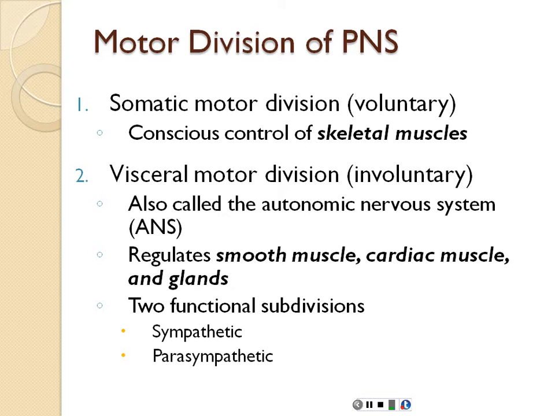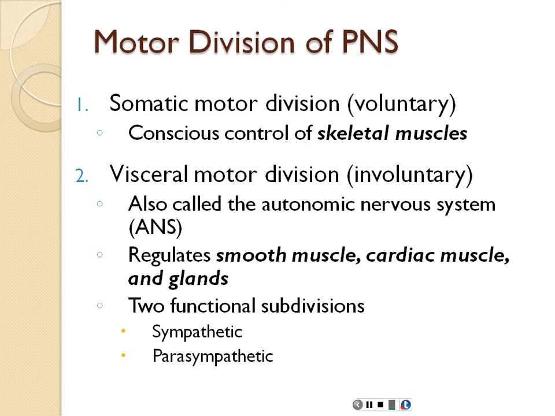So the way I like to think of the autonomic nervous system is the system that maintains homeostasis. Okay, both the ANS as well as the endocrine system have major roles in homeostasis control. Okay, and so we won't hit on this until we get to that chapter. But you should know that the autonomic nervous system has two subdivisions in and of itself, the sympathetic and parasympathetic, which you all may have heard of before, I'm sure.